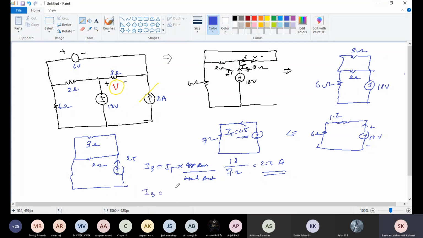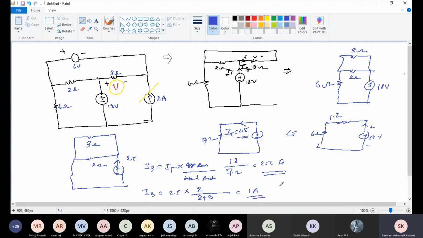So I3 is equal to total current 2.5 times opposite resistance 2, divided by 2 plus 3. I'll get 1 ampere.